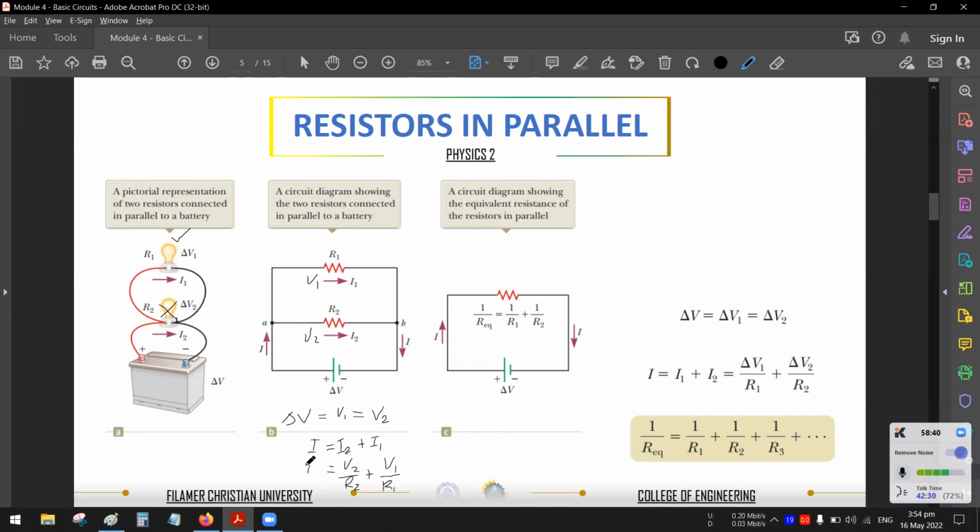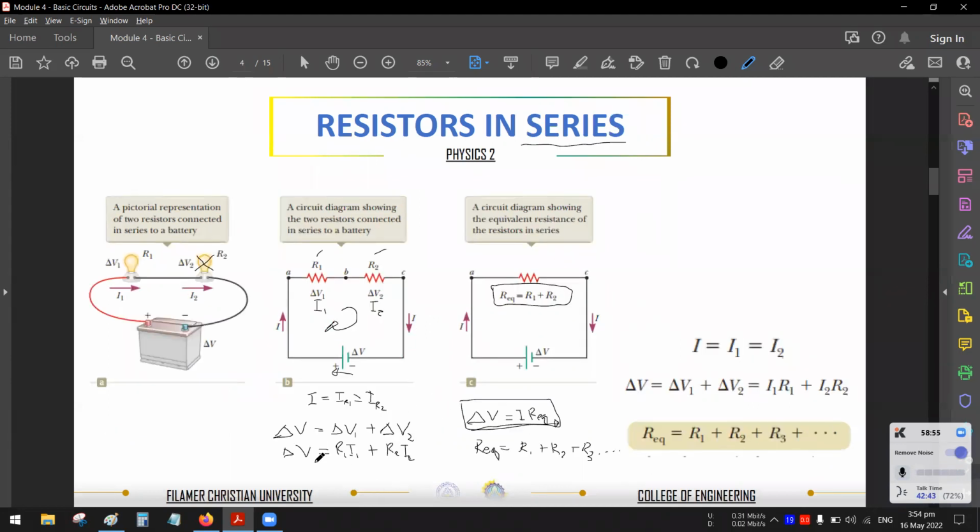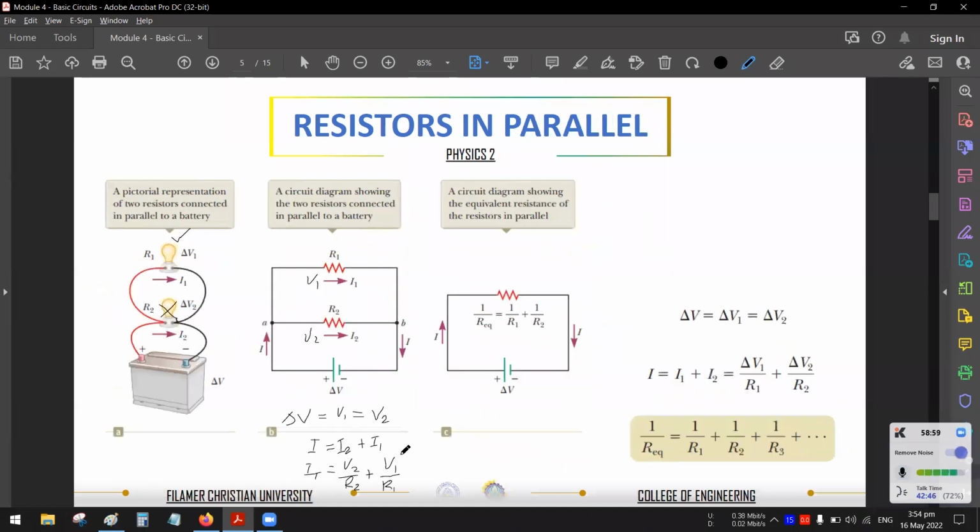So this is your total current. Okay? So yung kung ano yung inilabas na current, yun din dapat yung ano. So parang reciprocal siya sa series, di ba? Sa series, we deal with the voltage. Okay? But in parallel, we deal with current.